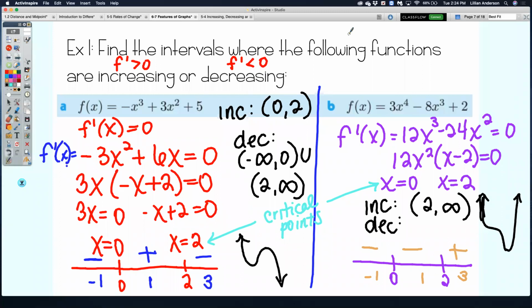So we are decreasing from negative infinity to 2. Even though at this particular point, the first derivative does equal 0, there's nothing at 0 that's causing it to change from decreasing to something else. Not a maximum, not a minimum, not an asymptote or any other type of break in the domain, the function is still decreasing from negative infinity to 2. Questions?